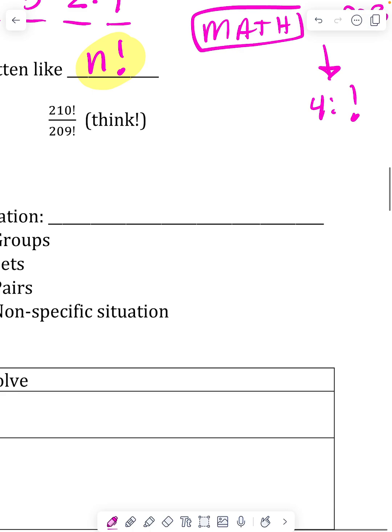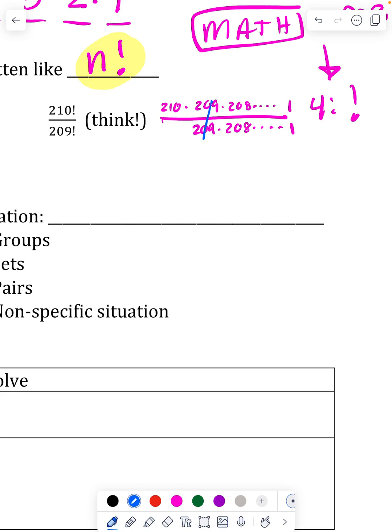So think about what this means. This means 210 times 209 times 208 all the way down to 1. But this one is 209 times 208 all the way down to 1. So these would cancel all the way down, and my answer is just 210.